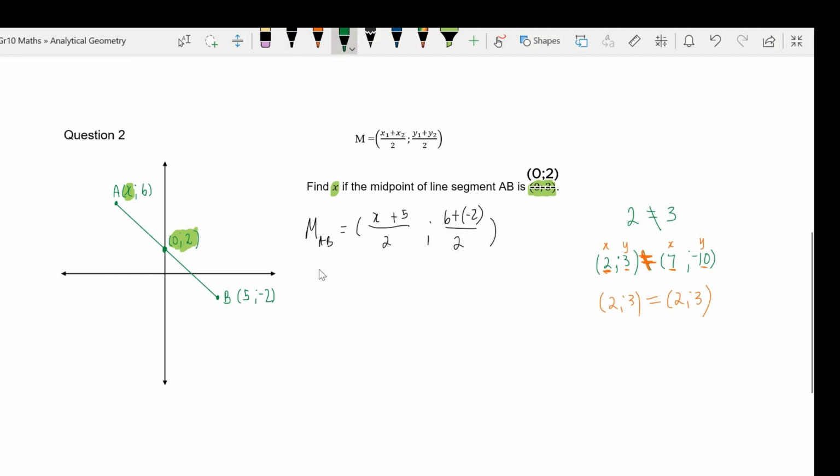And then we were given the midpoint. So if I plug that midpoint in there of 0 and 2, we are saying that is equal to a midpoint of x plus 5 over 2.